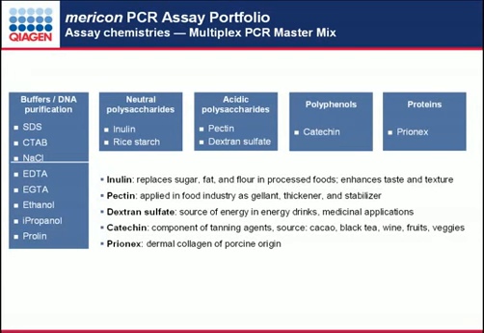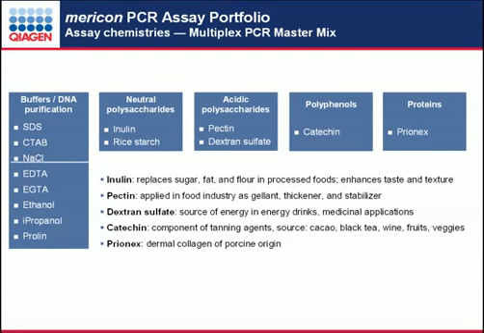These are the assay chemistries that we added to our master mix. So a number that you would find in DNA purification. So these are sort of residuals, SDS, CTAB, sodium chloride, and so on. Neutral polysaccharides and acidic polysaccharides, which are used in the manufacture of food, can be used to replace sugar, fat, flour, enhance taste and texture as gels, stabilizers, and so on.